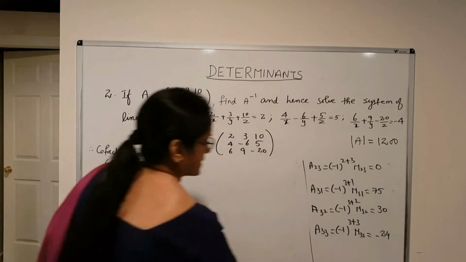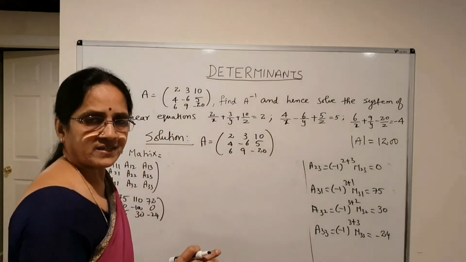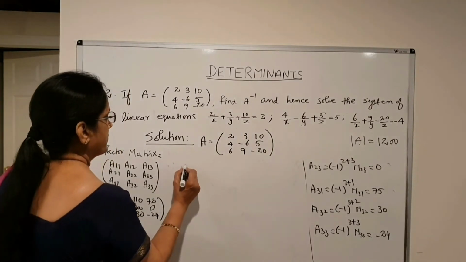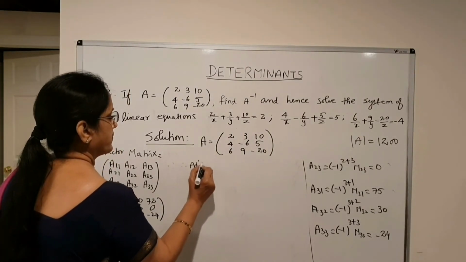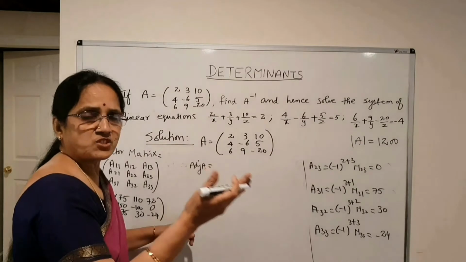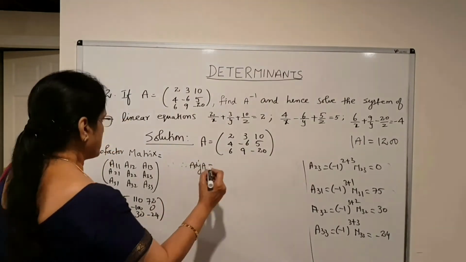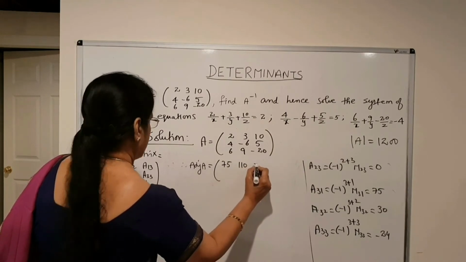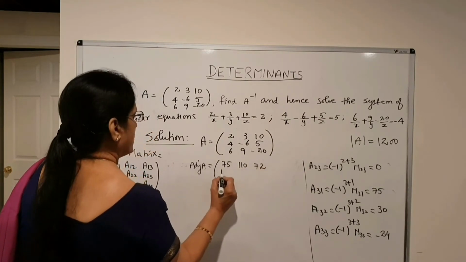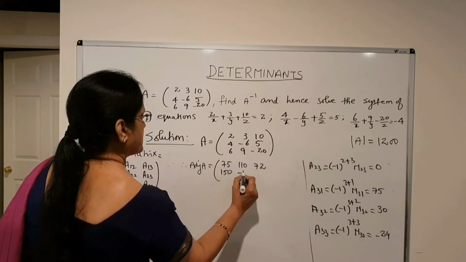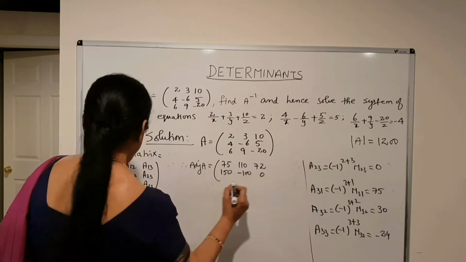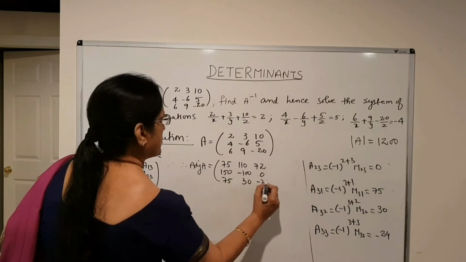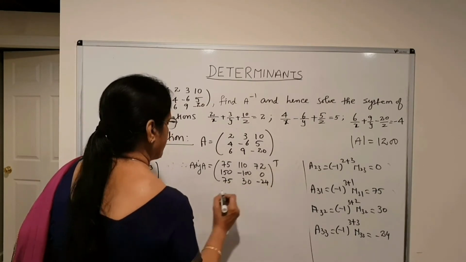Okay. Now that I got the cofactor matrix, it is easy for me to write the adjoint of the matrix. Therefore, adjoint of A is nothing but transpose of the cofactor matrix. So, I will be getting 75, 110, 72, 150, minus 100, 0, 75, 30, minus 24, the whole transpose.